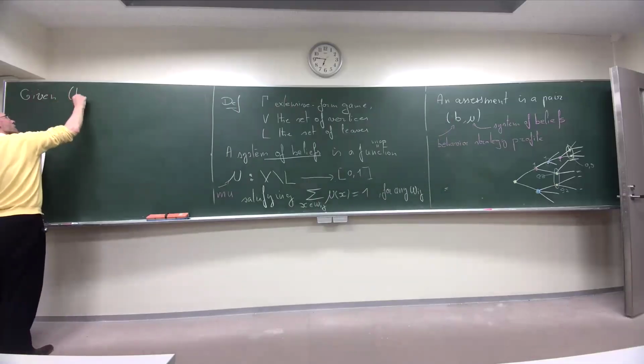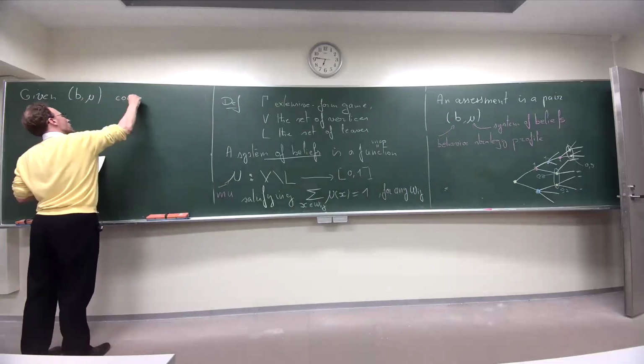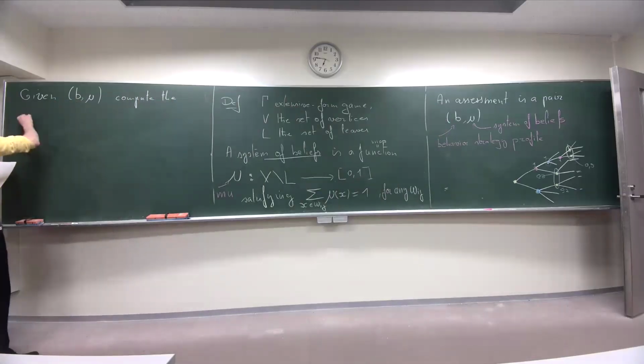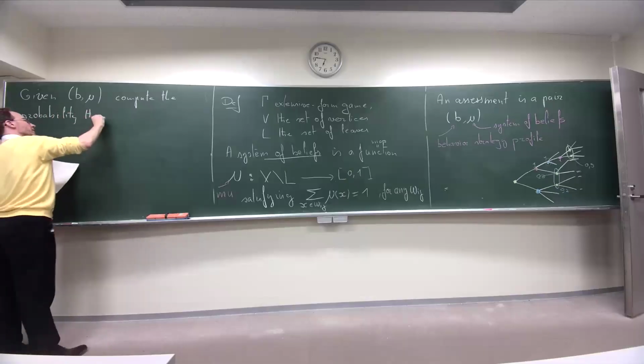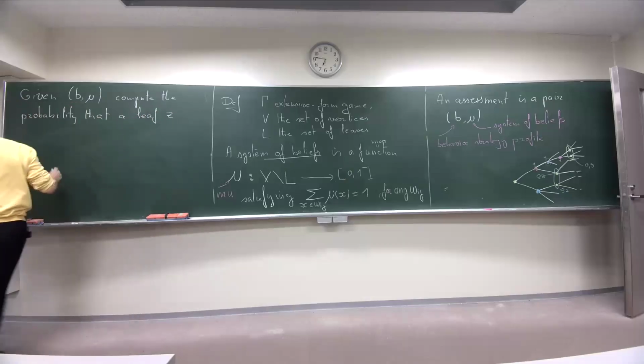But given B and mu, so now if you give me a B and a mu, we can compute the probability that a leaf Z is reached.